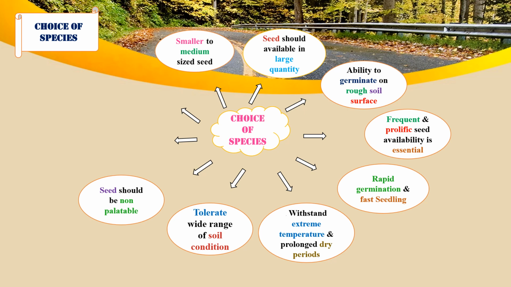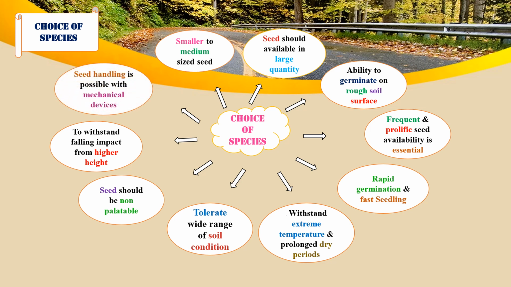The seed should not be tasty, to escape from birds, animals and squirrels. The seed should be hard enough to withstand the falling impact. The seed should be suitable for handling with mechanical devices.